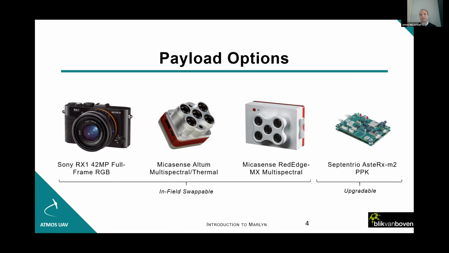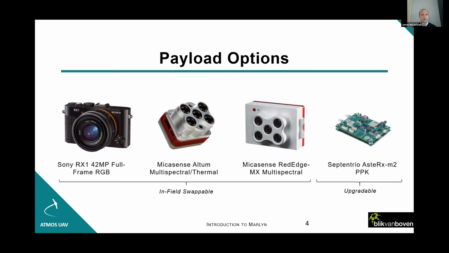Also, we carry Septentrio's PPK system, which is, again, the Rolls-Royce of PPK units, which are available on drones at the moment. So when combined with the Sony RX1 42 megapixel camera, that's where you get your really fine GSDs and your really fine accuracies as well. And the best thing about our PPK is that it's also usable with the multispectral options. So often I get the question, what's the difference between you and a lot of other fixed wing and VTOL type drones?